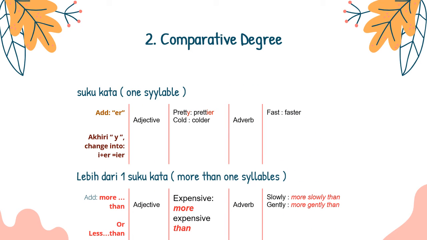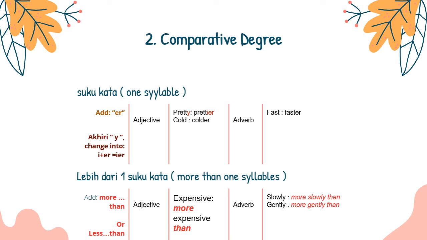In comparative degree, we are going to compare things and the things have more than or less than. In comparative degree, we have some rules. The first one is when the adjective consists of only one syllable, we just add er at the end of the adjective.